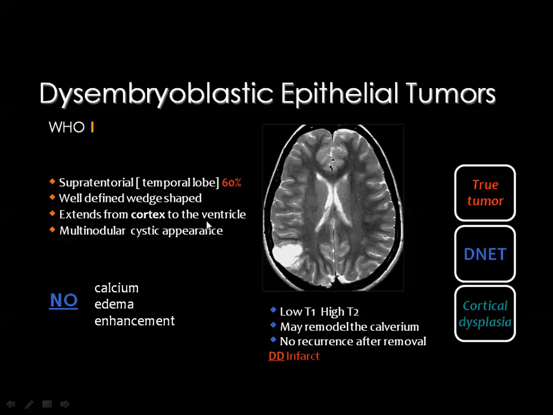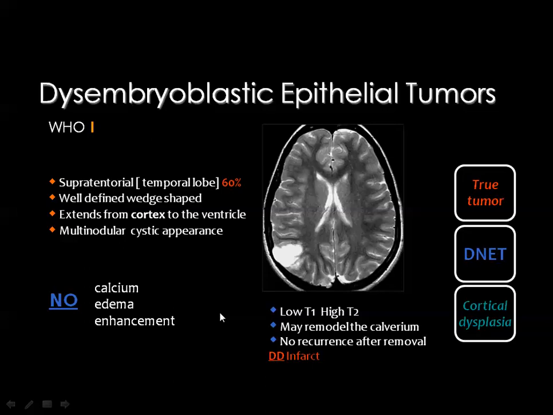They appear as well-defined wedge-shaped lesions, and this lesion will show low signal in the T1 and high signal in the T2. If you inject the contrast, it will not enhance, and many times it can be mistaken for an infarction.